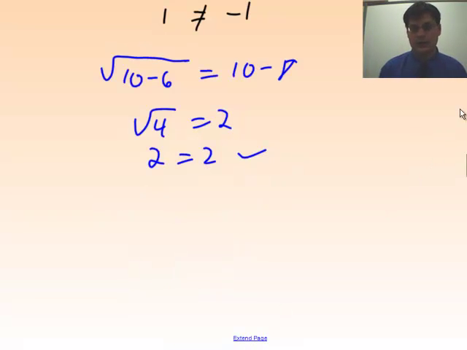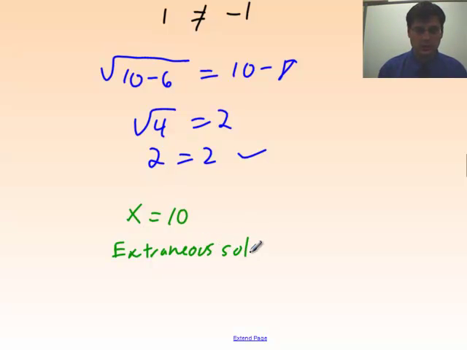So the way I'm going to write this is like so. I'm just going to say x equals 10, and then I'm going to say extraneous solution is going to be x equals 7.